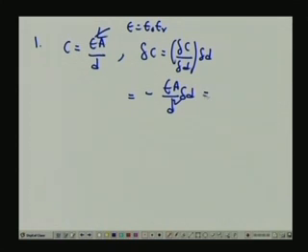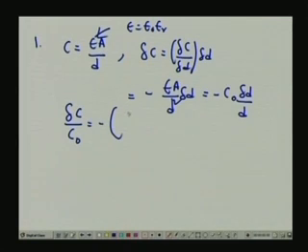So, this will become again minus C naught into delta D by D. Now, you see, I can write delta C by C naught equal to minus delta D by D, right.